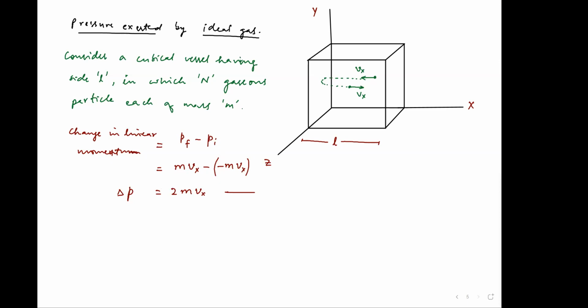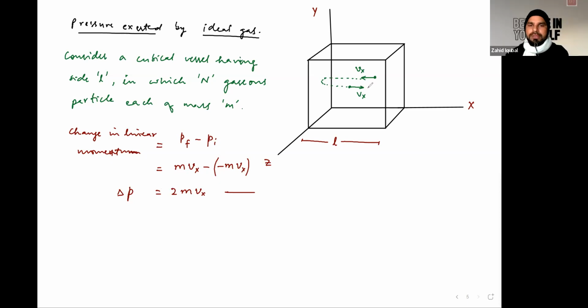Yes, sir. Next, for this particular collision, how much time has it taken to move from one end to the other end and get reflected back? So next, the time taken for this collision is the distance covered by the particle divided by the speed in that direction.